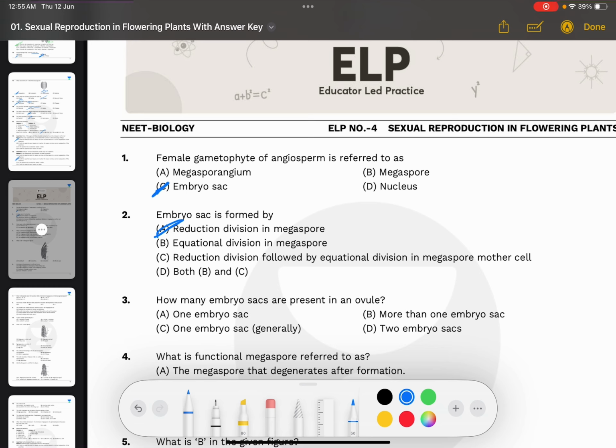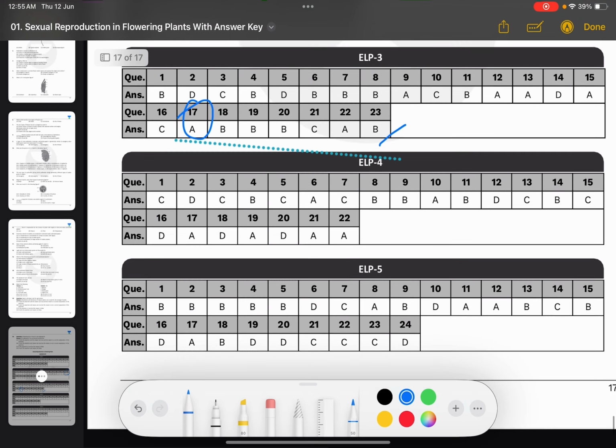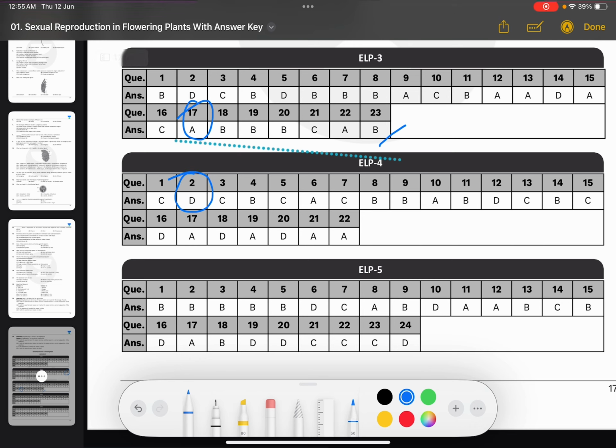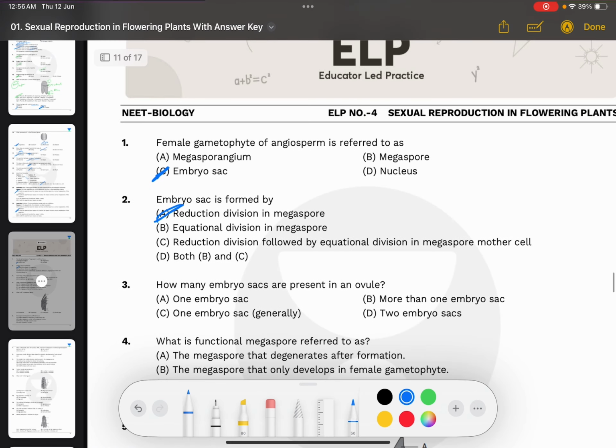Yeah, it is reduction division. What a question. So 2 का B will be there. Oh my goodness, 2 का C is there. The first one we got wrong. Both B and C. How? I should ask my teacher.